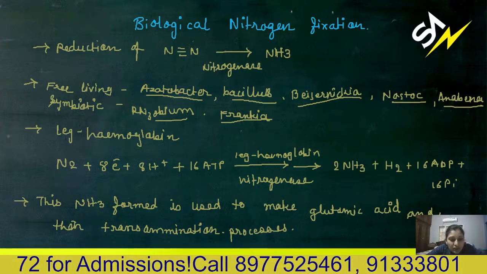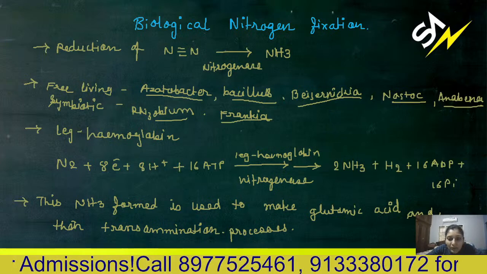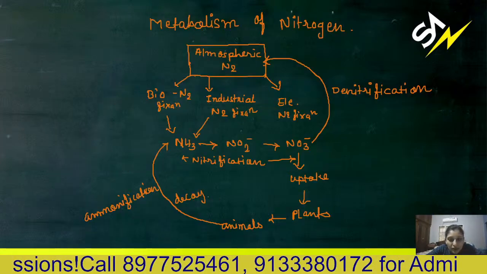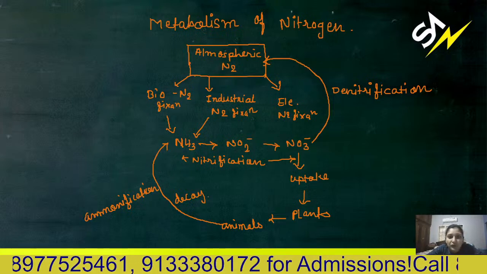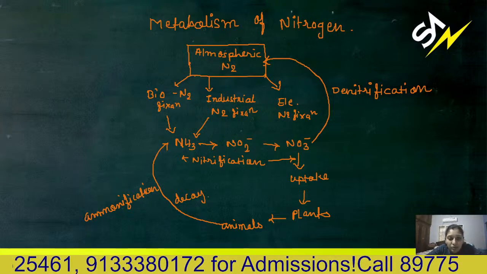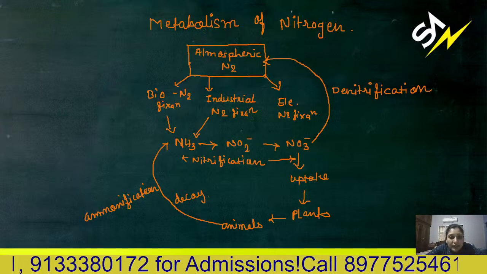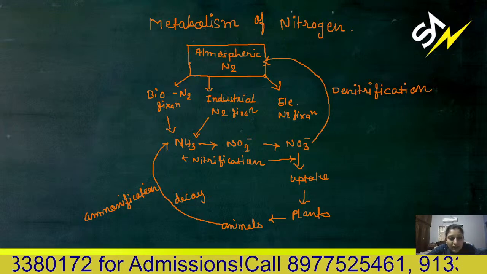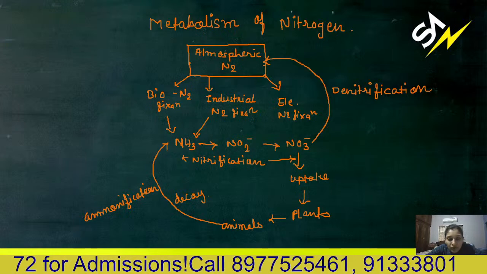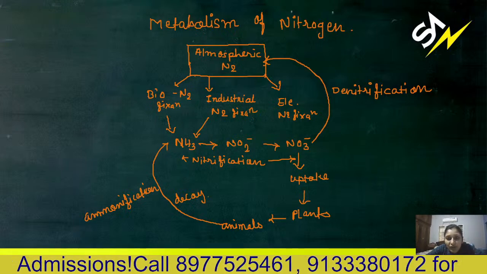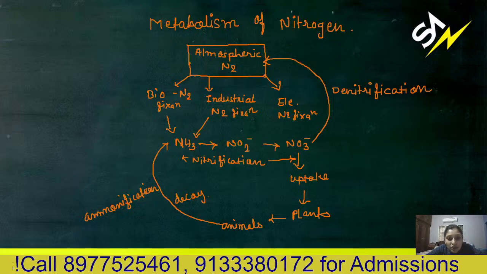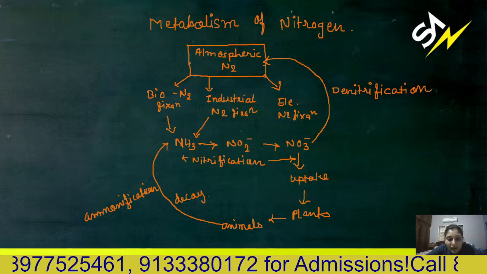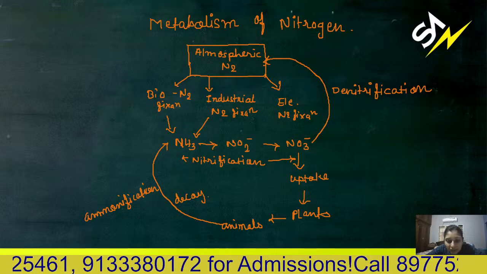So NH3 is formed and is used to make glutamic acid by transamination processes. If we look into the metabolism of nitrogen, atmospheric nitrogen will be fixed either biologically, industrially, or by electrical nitrogen fixation, and fixed in the form of ammonia. Ammonia will be converted to nitrite and nitrate, which is known as nitrification.